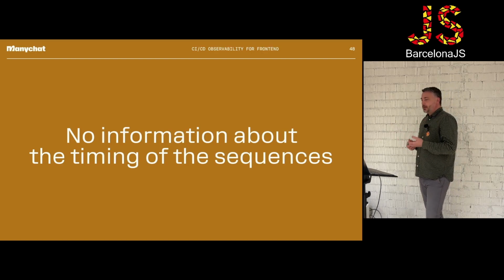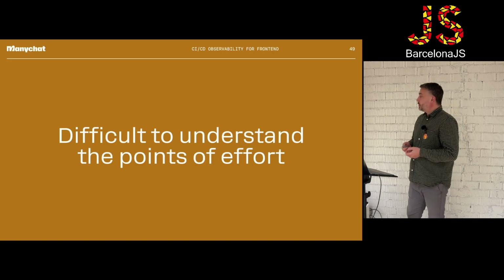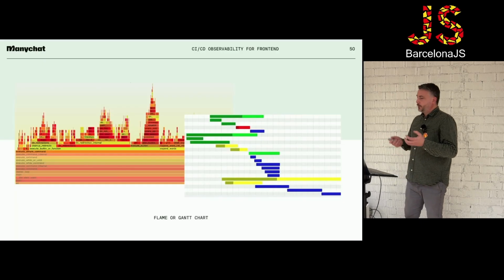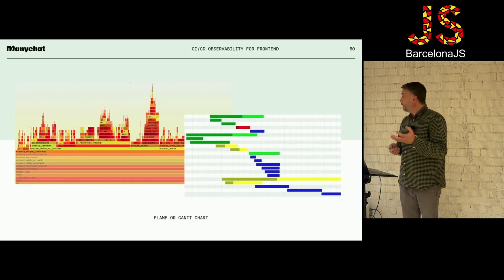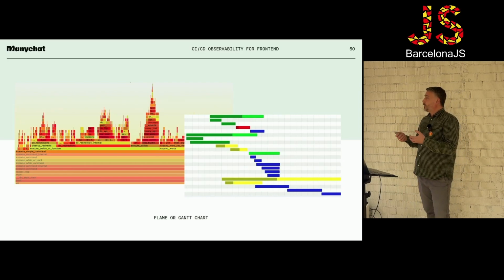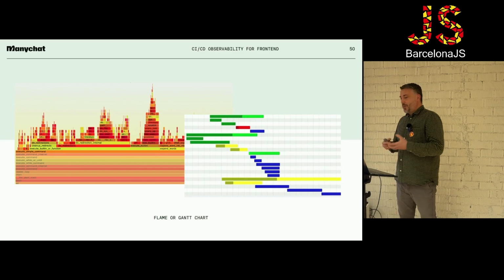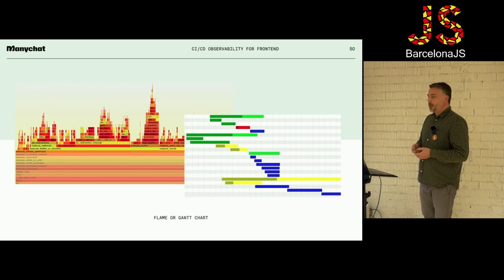We can't understand the main points of effort to focus on and fix the problem. And I thought about some kind of flame graph or Gantt graph. This visualization can help you understand the sequences of the process and fix the main bad step in your CI/CD pipeline.